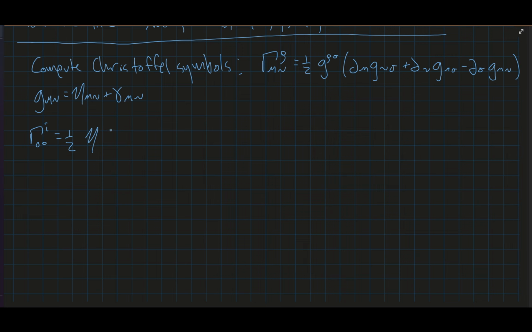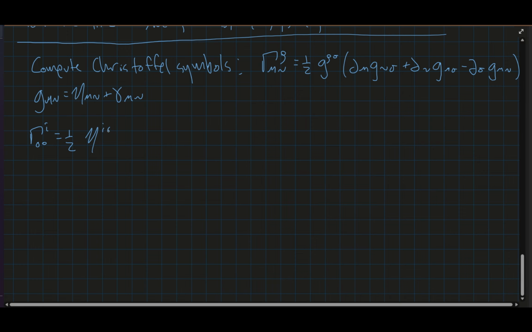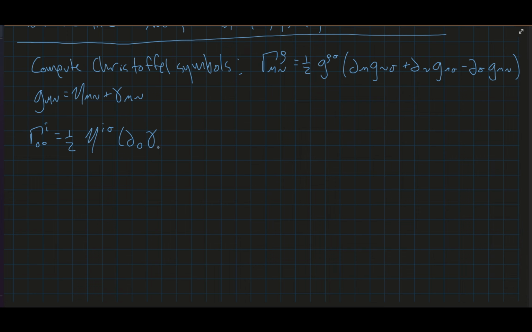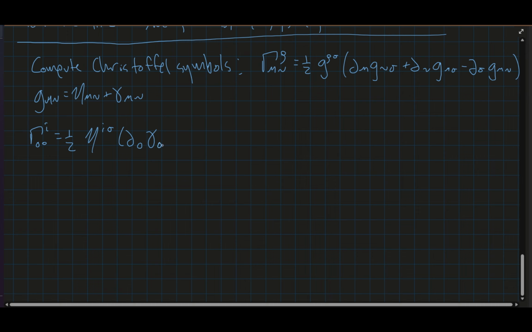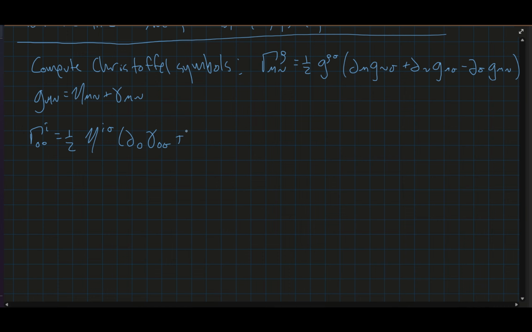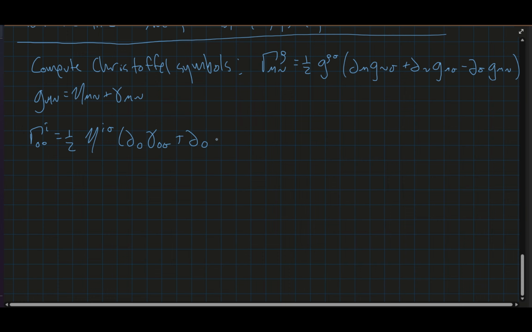So instead we have eta I sigma del 0 of, we'll just write the gammas because the derivatives of the etas are going to be 0 as well. And this is going to be 0 sigma plus del 0 gamma 0 sigma again minus del sigma gamma 0 0.